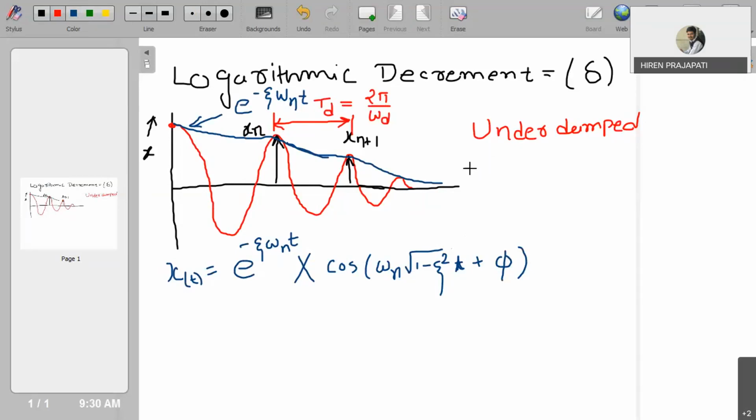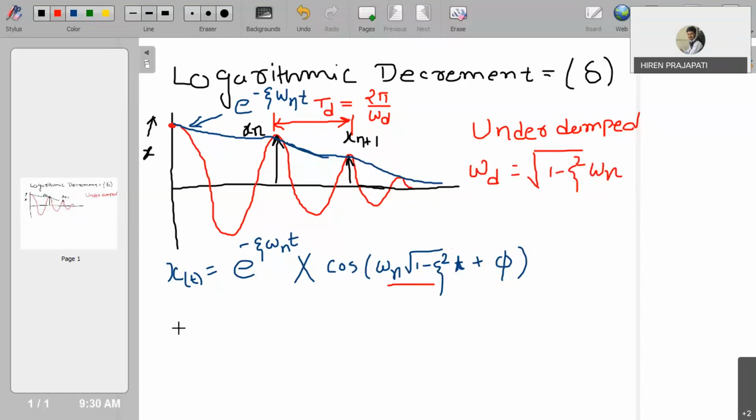And what is omega d? It is the damped natural frequency. So omega d is nothing but this entire term, omega n square root of 1 minus zeta square. So this equation is cos of omega d t plus phi.